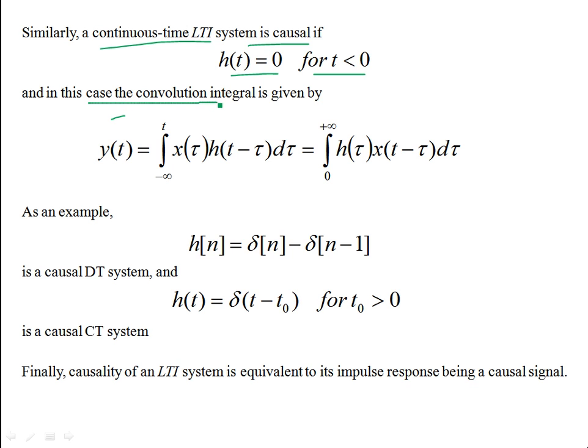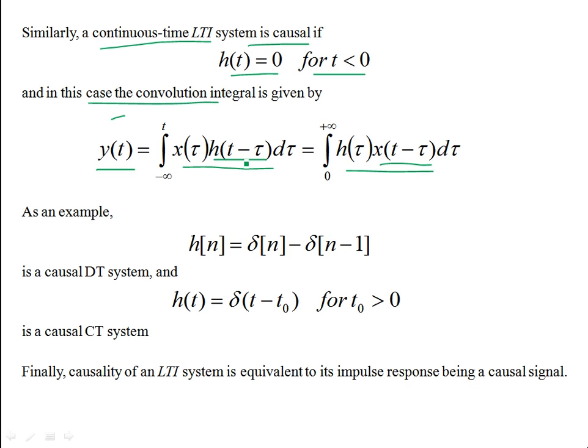In the case of the convolution integral, you can either flip or time shift the input, or do that with the impulse response. Both convolution integrals will give you the same output because of the commutative property.